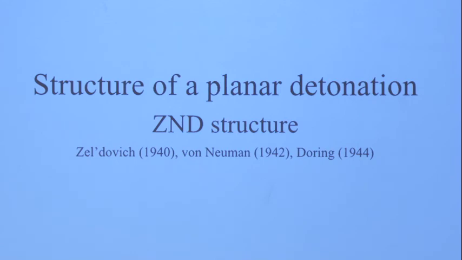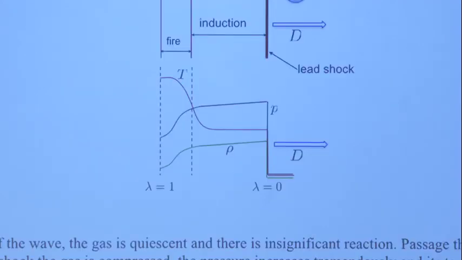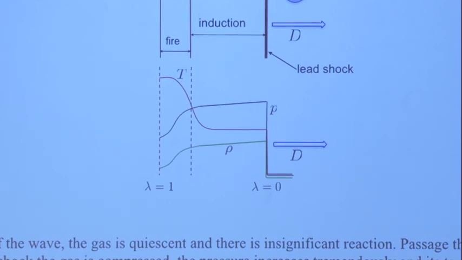I want to briefly describe the structure of a planar detonation, which is known as the ZND structure, or Zeldovich-von Neumann-Doering structure. It was discovered nearly at the same time by these three people. And the idea is that the ZND structure is an inert shock that is followed by a fast flame or a fast deflagration.